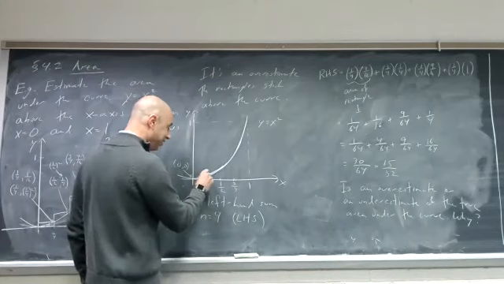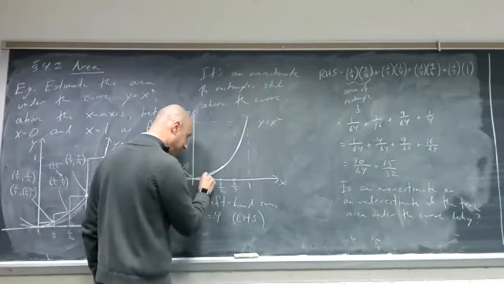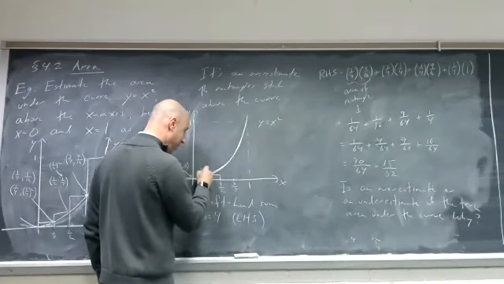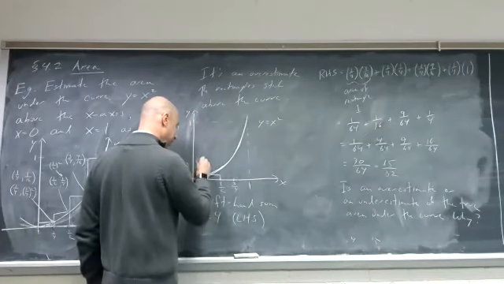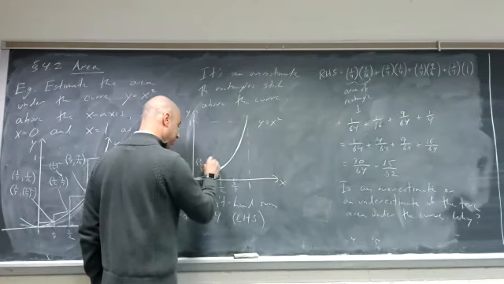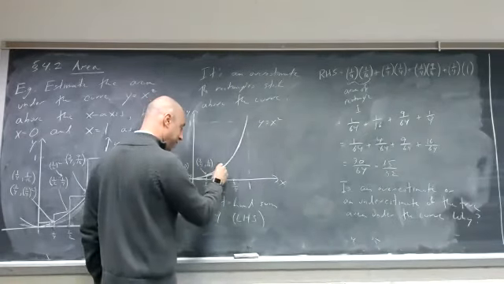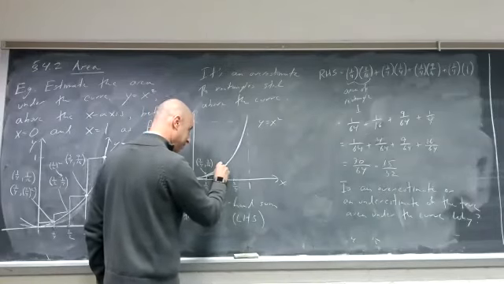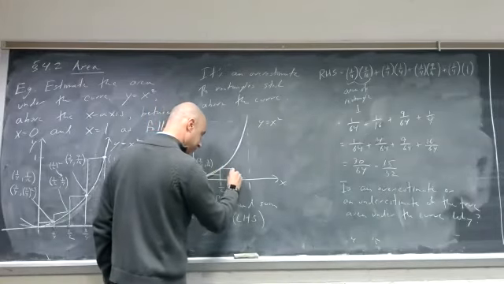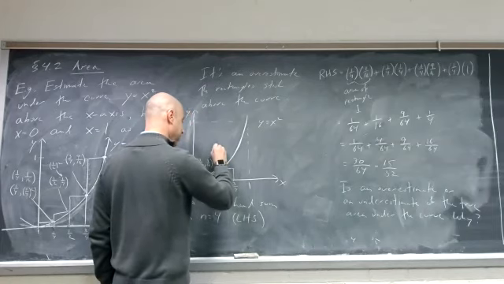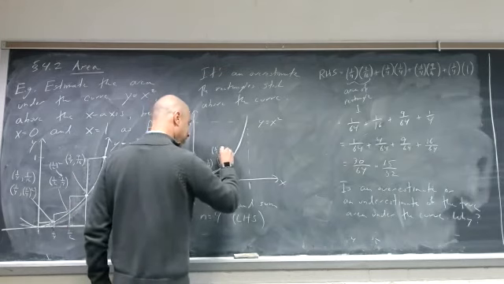The second rectangle touches the curve at x equals 1/4. Well, we already know the y value at that point. We worked it out before. So 1/4, 1/16. The third rectangle touches the curve at 1/2, and we know the y value for that also. It's 1/4.